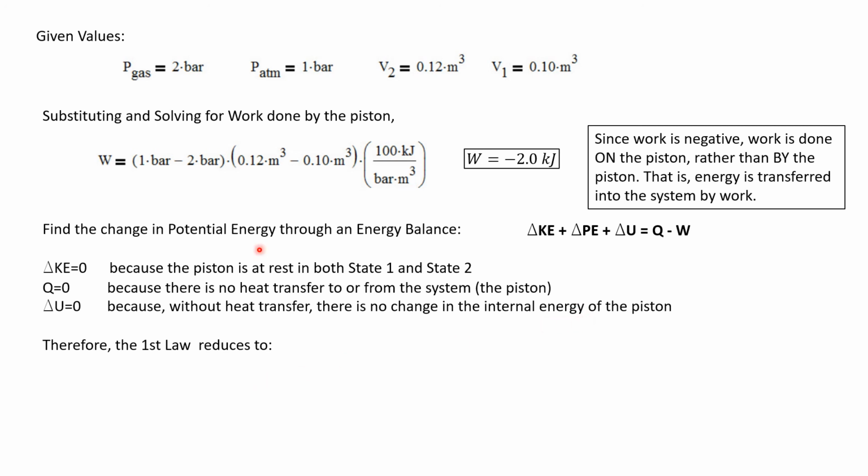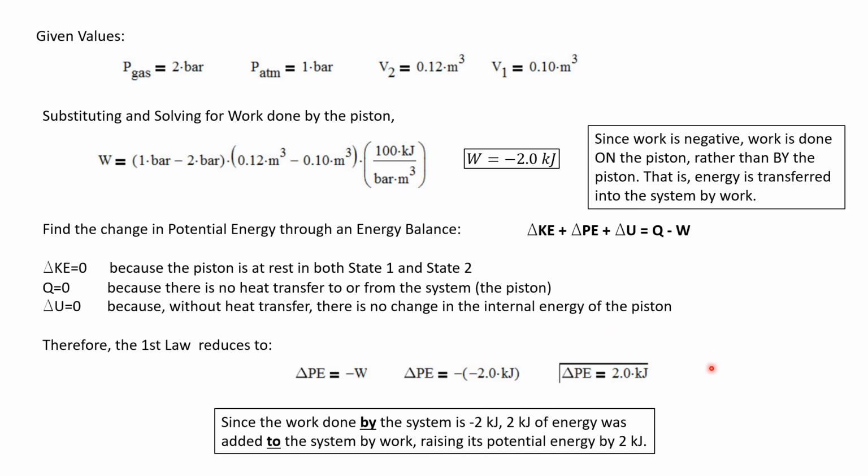So the first law of thermodynamics for this closed system now reduces to simply delta PE is equal to minus W. So let's insert our values. Delta PE is minus the work done by the system, which we calculated to be minus 2 kilojoules. Therefore, the change in potential energy of the system, that is the piston, is equal to 2 kilojoules.